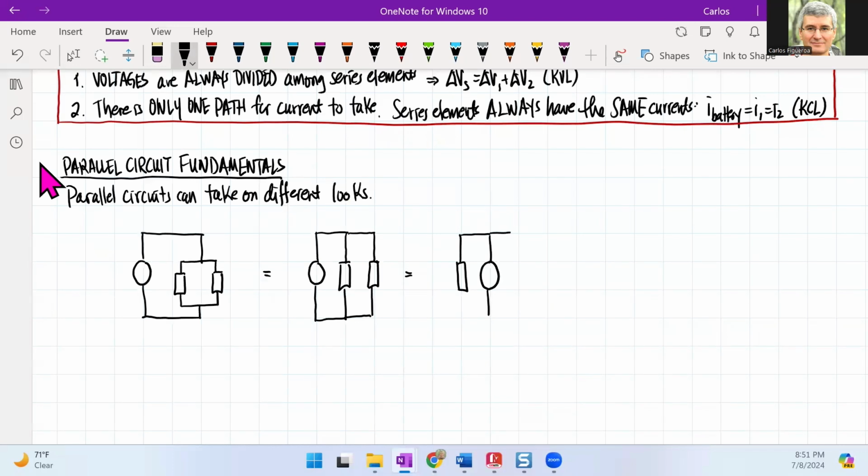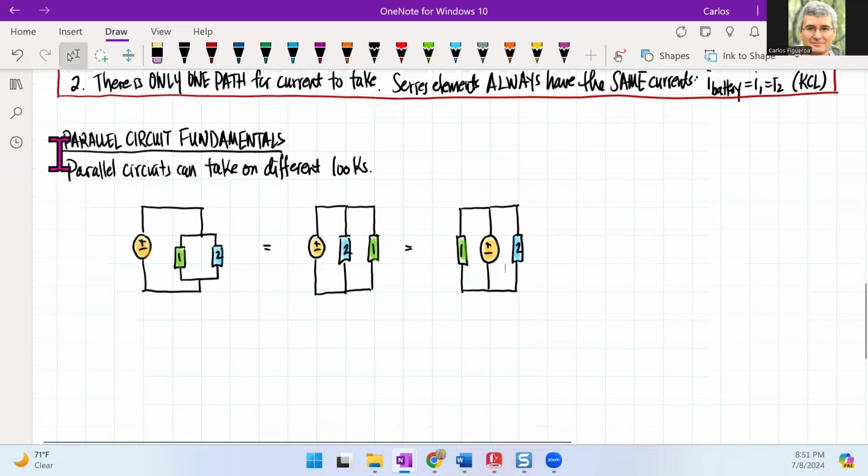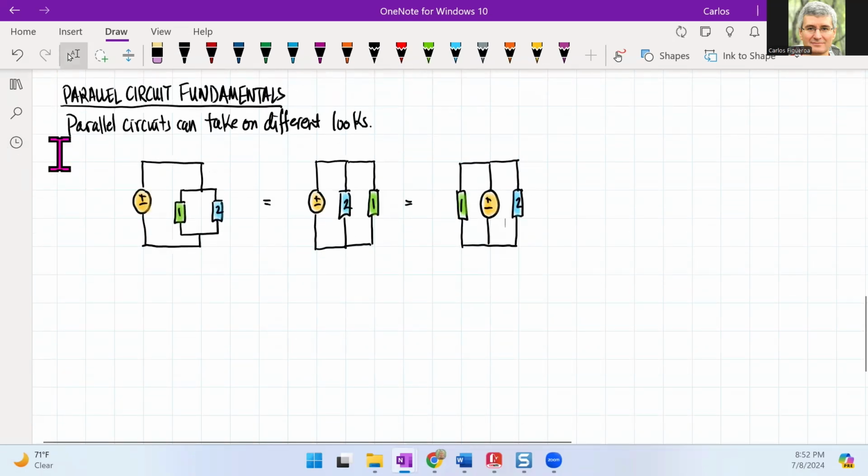We can always make them more challenging, but a lot of the time these are the possible combinations that you see. If this is my power supply, I could now change these guys like this. This also has the combination of this, and these guys are all identical.